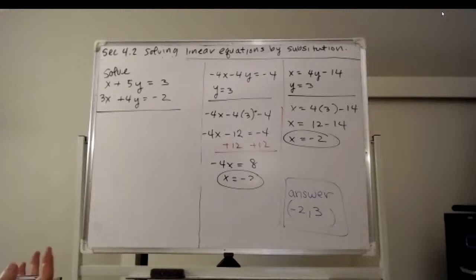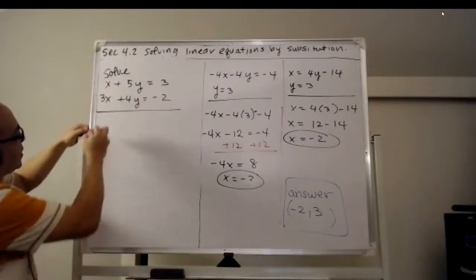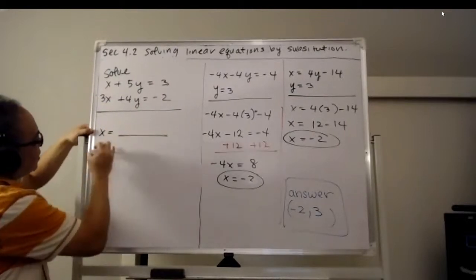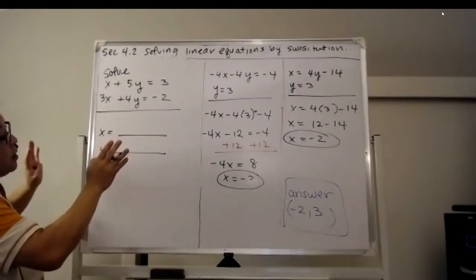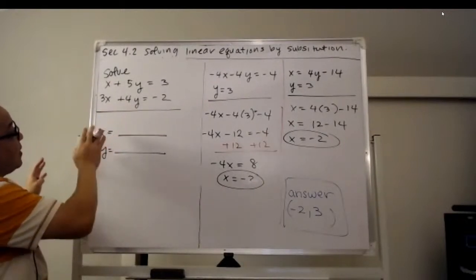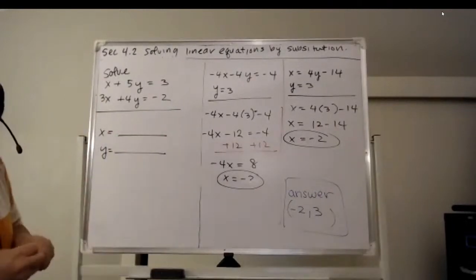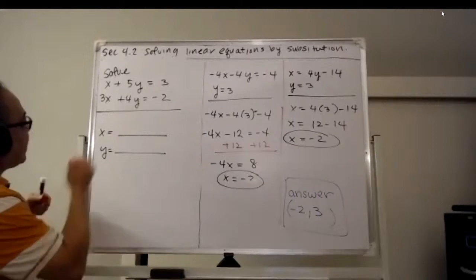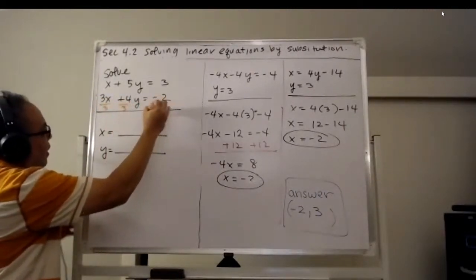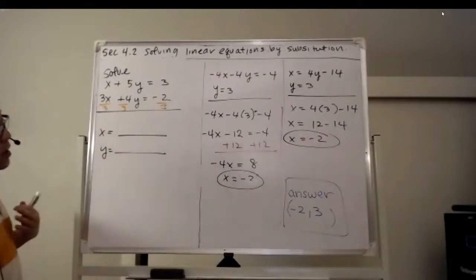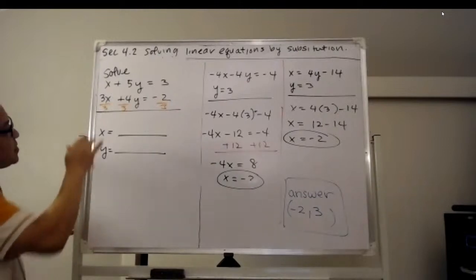So my goal is to transform one of these x's or one of these y's into x is equal to something or y is equal to something. Now, it doesn't matter which one you do, except that I hate fractions. So if you had isolated this one, at some point, you're going to divide everything by 3, and that's going to give you a fraction. You'll still get the right answer, but dealing with fractions when you don't have to just sucks.